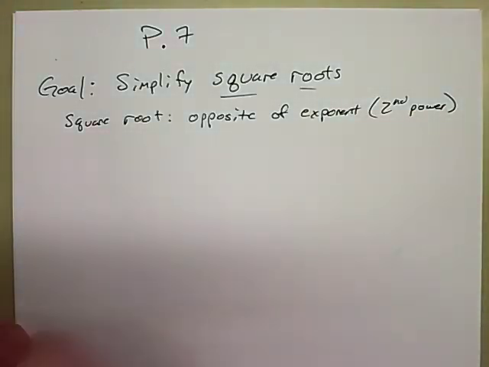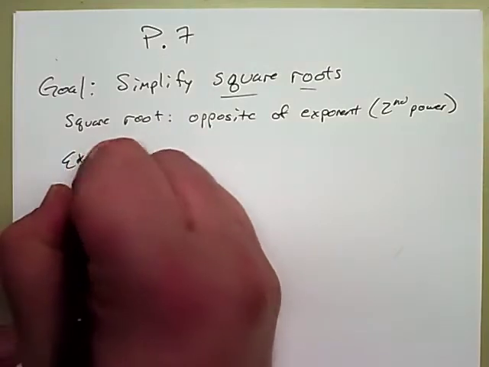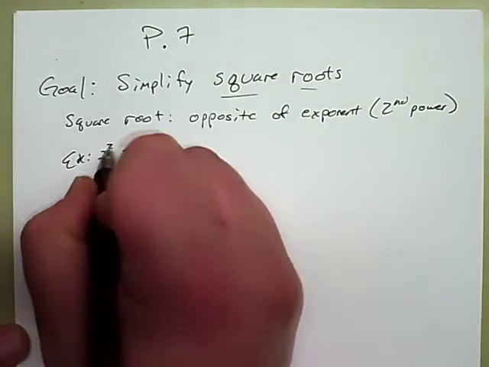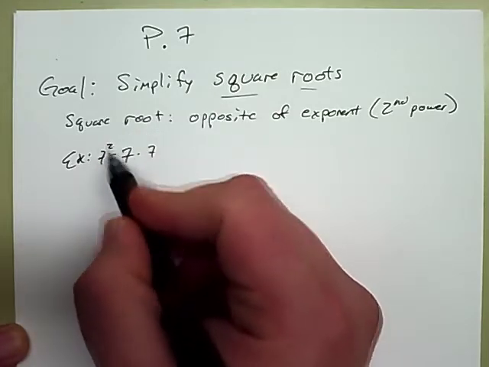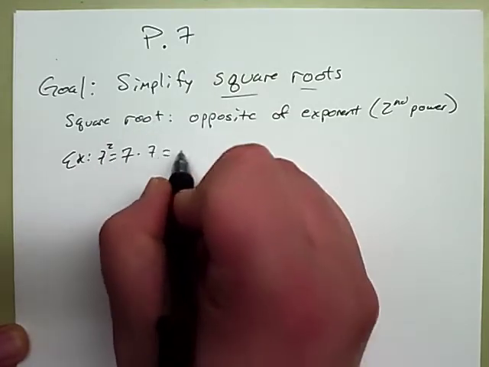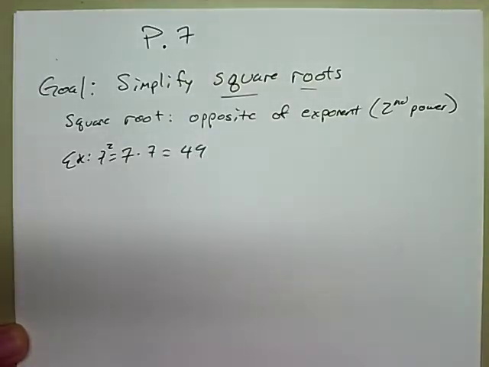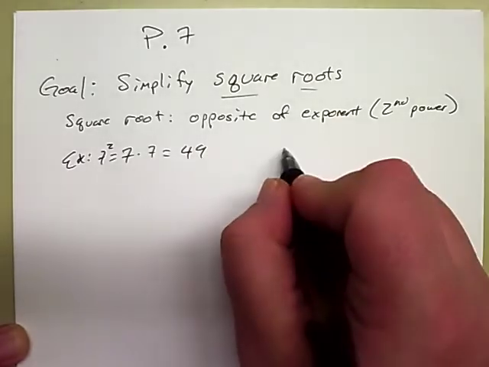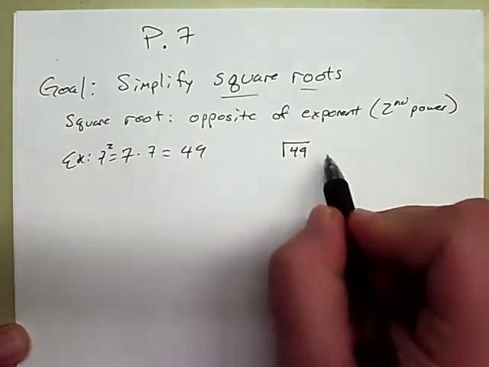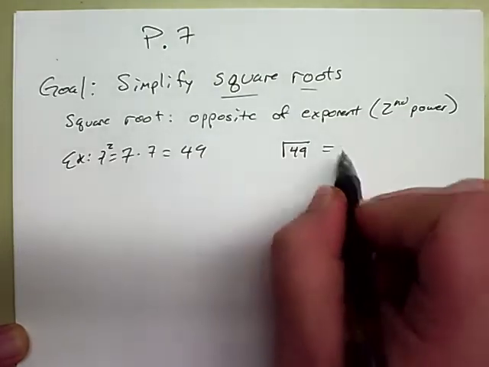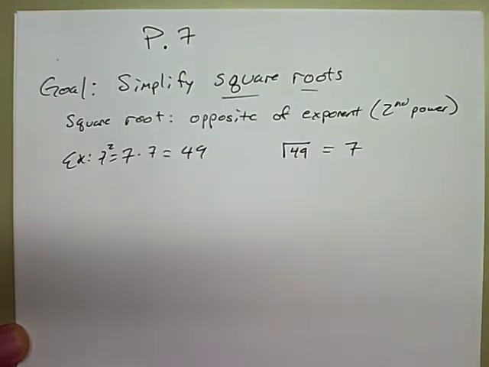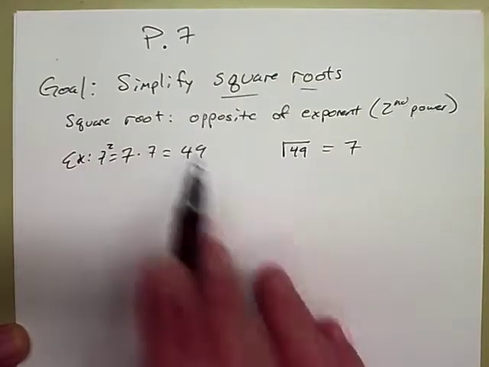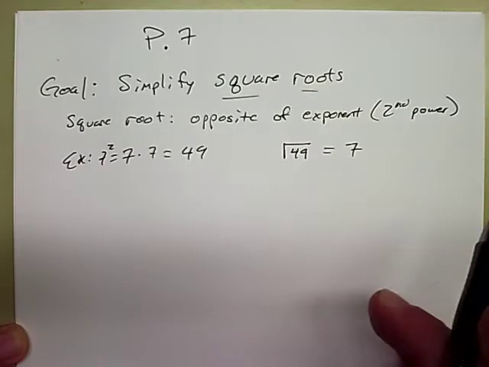A quick example: 7 times 7, we know 7 squared, 7 raised to the second power, is 7 times 7, and that we know to be 49. If we consider this to be forwards, then the square root of 49 would be 7. So if 7 to the second power is the forward, then backwards would be a square root.